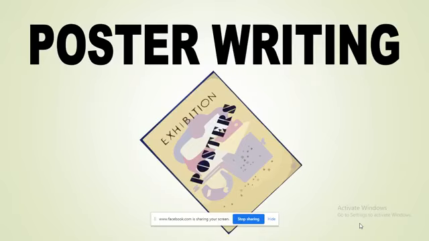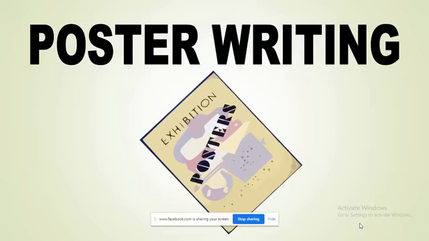The first three are the same: notice writing, advertisement writing, poster writing. In addition to this, there is one more short composition, and that is invitation writing. So in class 11, there are three short compositions, and in class 12, there are four short compositions.